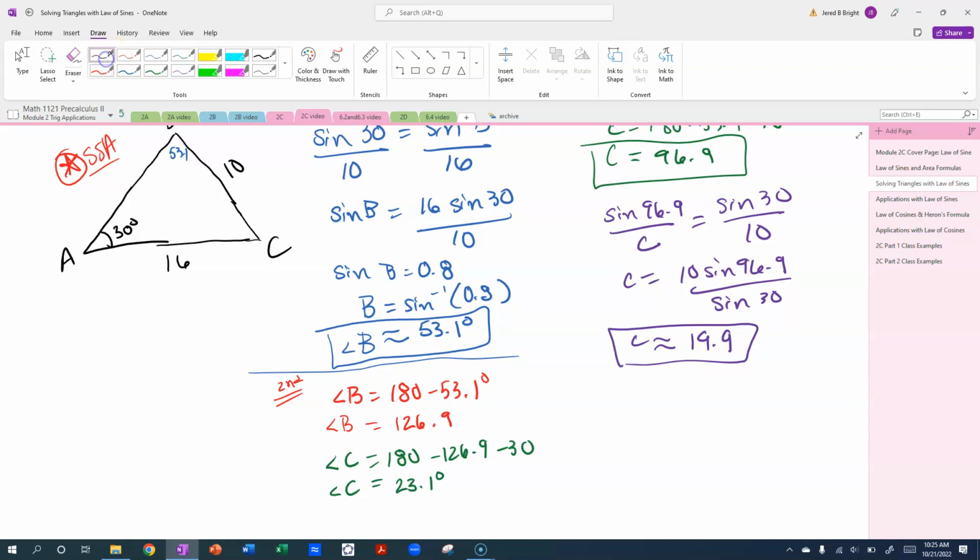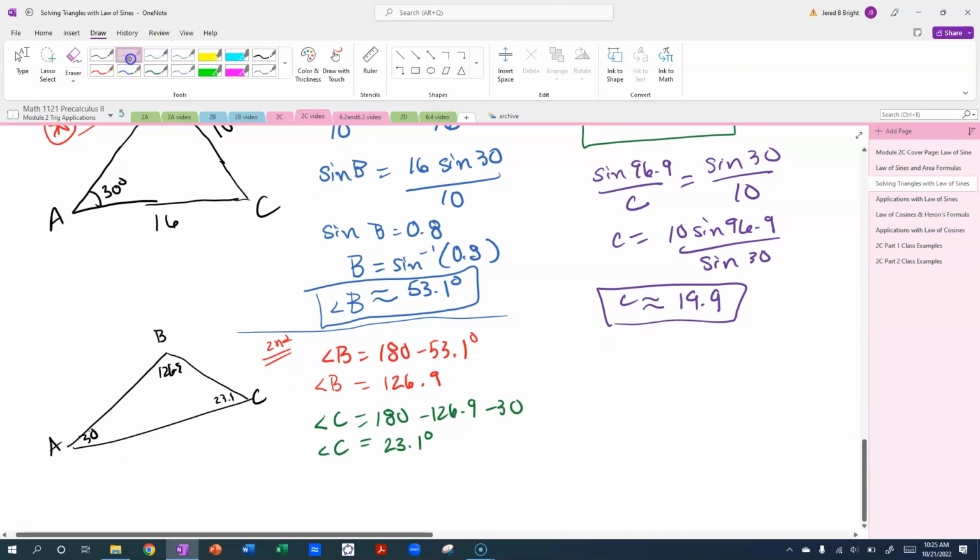Okay, and if you need a visual of this, again, this is going to be a way obtuse triangle. So we'd have angle B here at 126.9. And then here's angle C at 23.1, very tiny, and then angle A would still be 30. Okay, so you have this obtuse triangle, and the previous one you get an acute triangle. Actually, I lied, that one's also obtuse. It's just less obtuse than the one that we have.